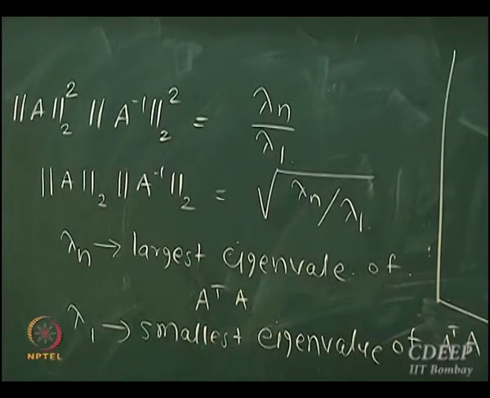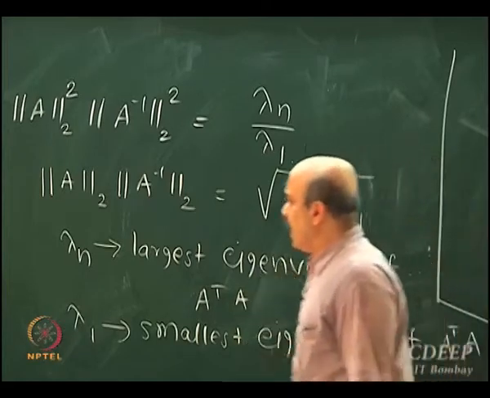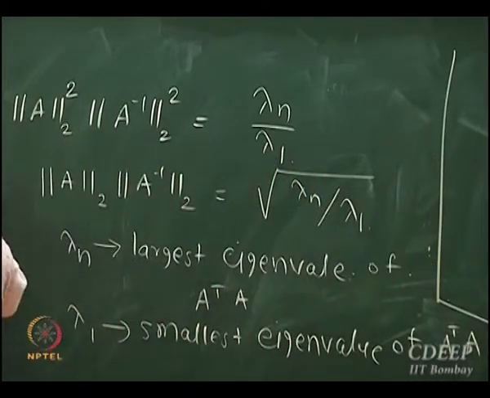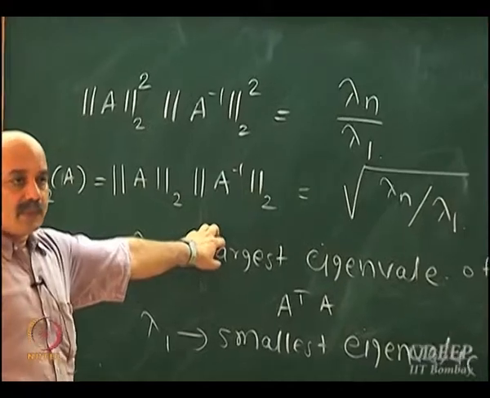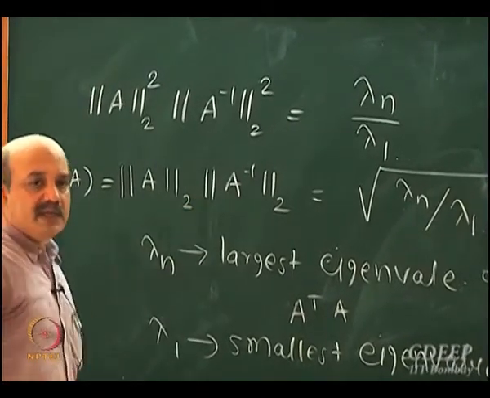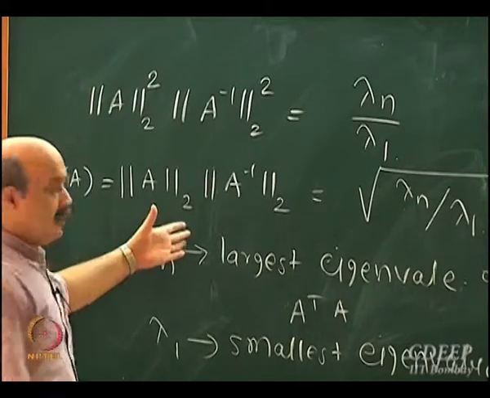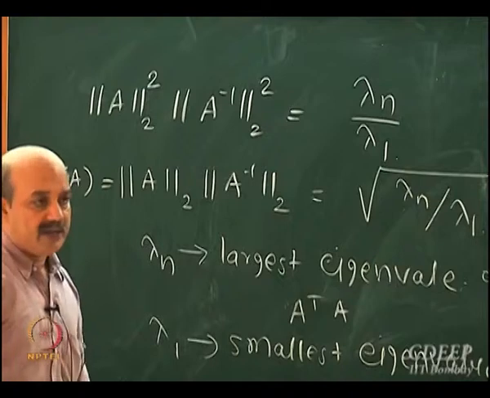So this way I would call this quantity C2 of A. I will call this quantity C2 of A, the condition number based on 2 norm of the matrix.